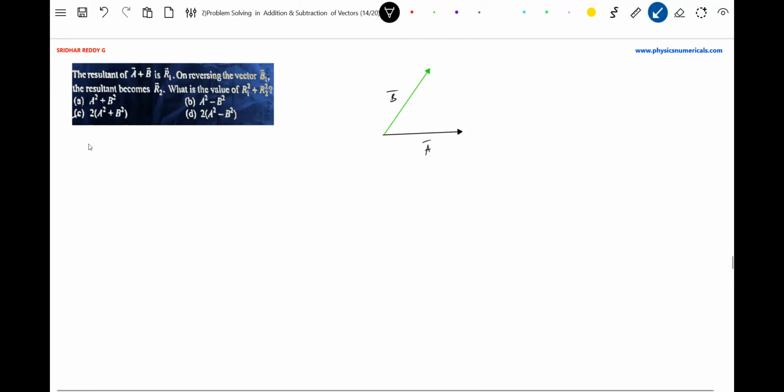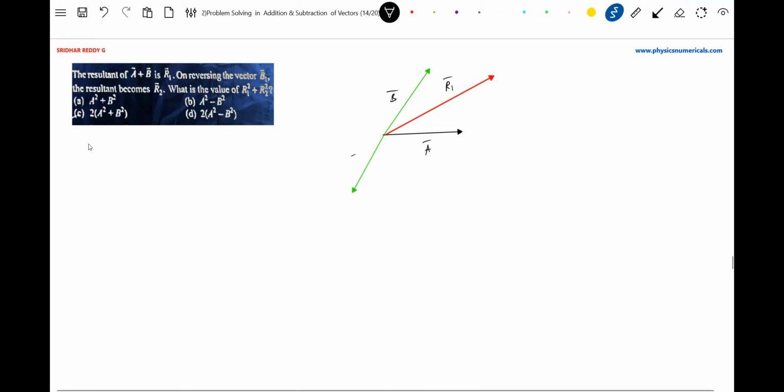On reversing the vector B bar, the resultant becomes R2 bar. Vector subtraction is what will occur, so here this will become minus B bar.